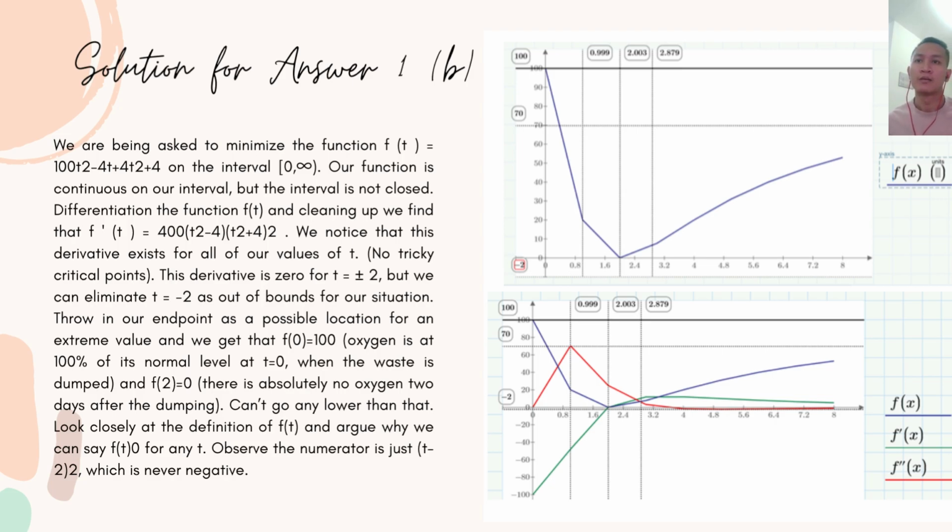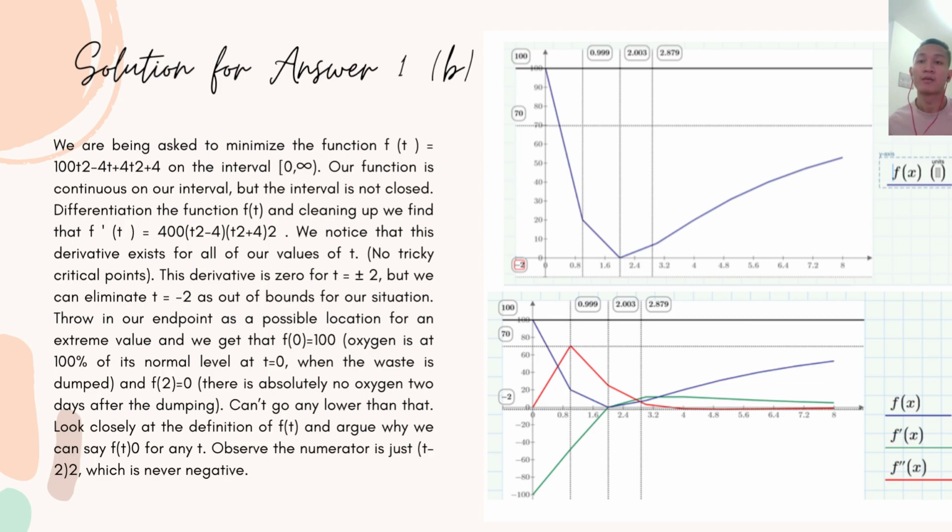So we draw our endpoint as a possible location for an extreme value, and we get that when t is equal to 0, the oxygen level is 100. So the oxygen is at normal percentage when t is equal to 0, when the waste is dumped.